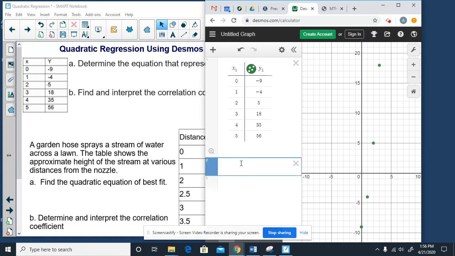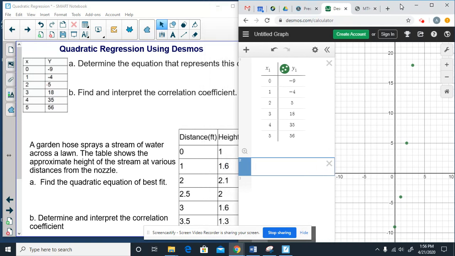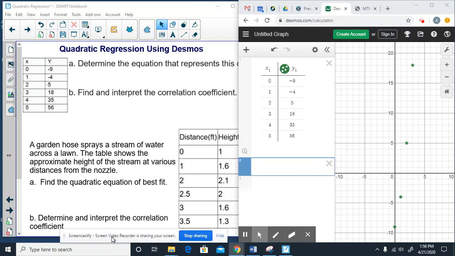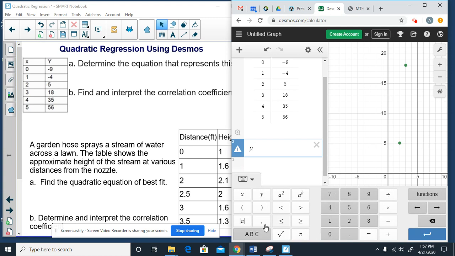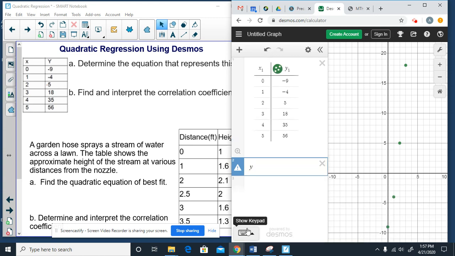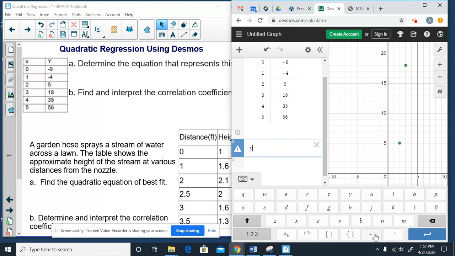In 2, we're going to type in our equation for a standard form of an equation. So with that, we want y, and you can also use this. Let me go back to what I just did. So here, I'm going into the keypad, and we want this to be an estimation.